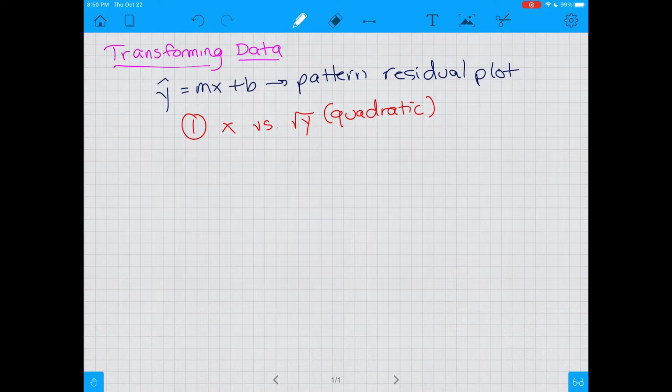An important thing to keep in mind, if this is the transformation that you make, is that what you're predicting now with your model is no longer the y value. It's the square root of the y value. So if you're trying to work backwards to the actual prediction, we're going to have to square something at the end.